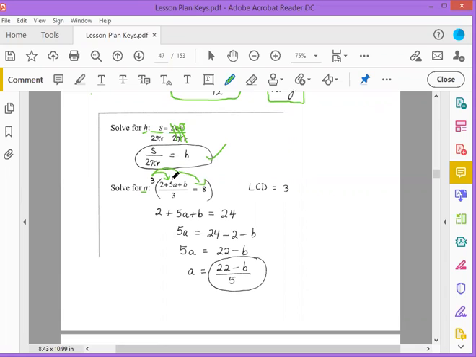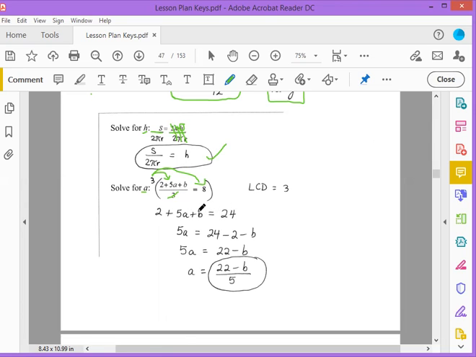So everything on the left side, we're multiplying by 3, and everything on the right side, we're multiplying by 3. On the left side, when we multiply 3 times this term, that just cancels out the 3 in the denominator, leaving the numerator. So 2 plus 5a plus b, we carry those terms down. Carry down your equal sign. On the right side of the equal sign, 3 times 8 gives us 24.